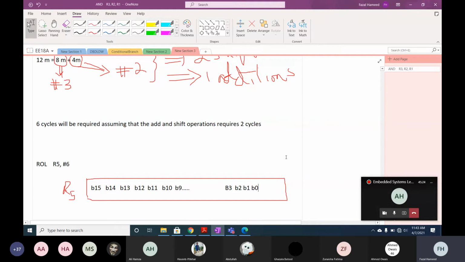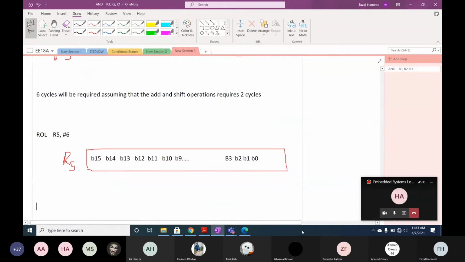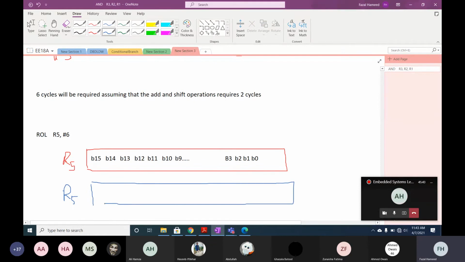What will be the value of R5 after execution of this instruction? Can anybody give me a clue? This one is the old R5, and now we have the new R5. What will be the new contents of R5?